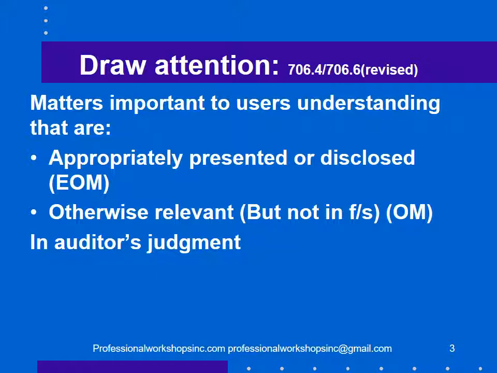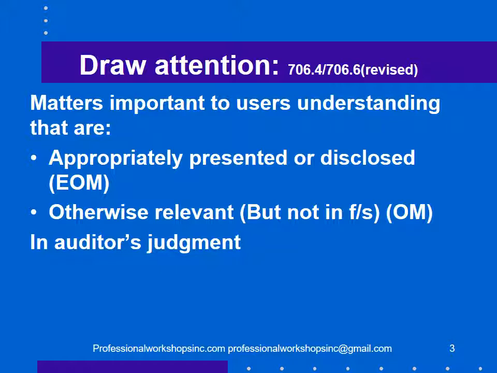Now, emphasis of matter and other matter paragraphs are to draw users' attention to important matters in the auditor's judgment. And there are two kinds: matters that are appropriately presented or disclosed in the financial statements, and those are emphasis of matter paragraphs, or otherwise relevant but not in the financial statements, and those are other matter paragraphs.